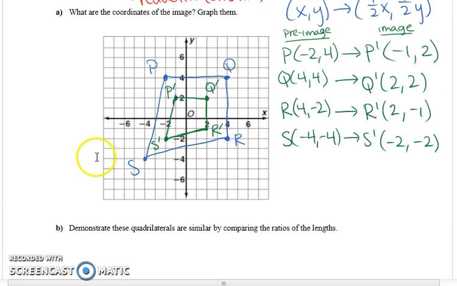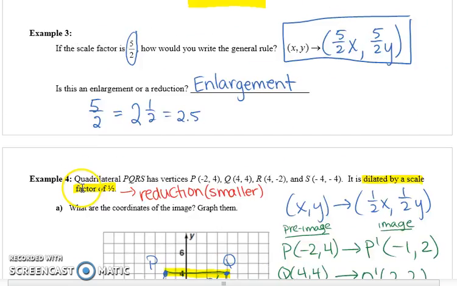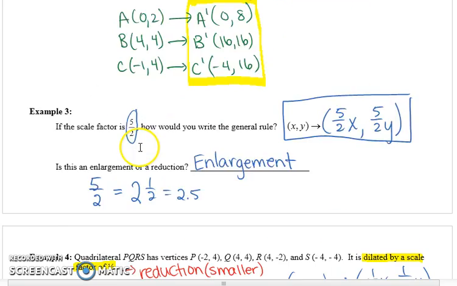Moving down to part B, the question asks us to demonstrate that these quadrilaterals are similar by comparing the ratios of their lengths. So I'm going to compare side PQ to P prime Q prime using the ratio of the notes up above. Remember, a ratio is the image length divided by the pre-image length.